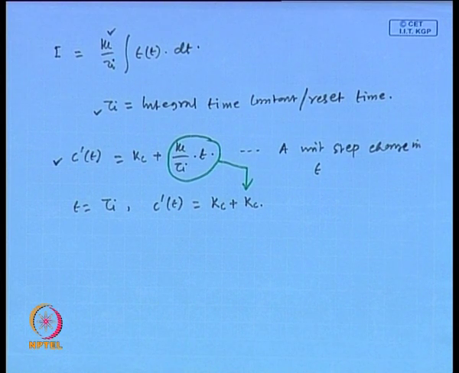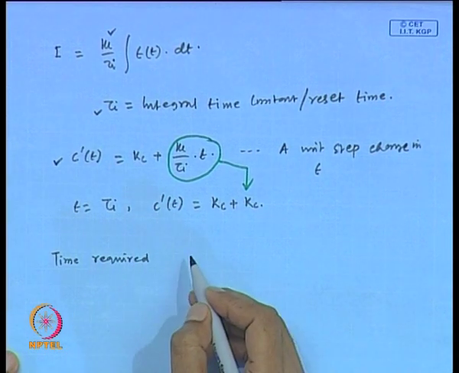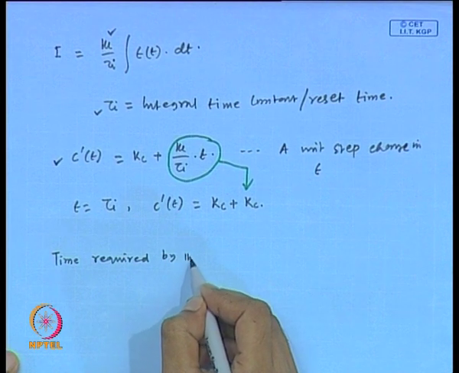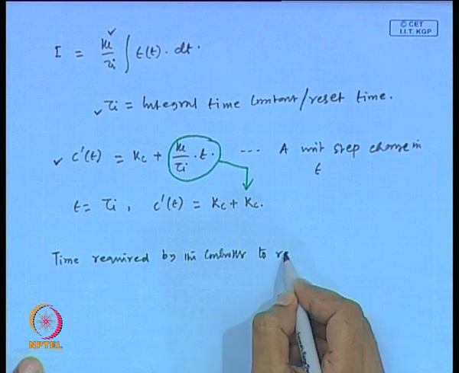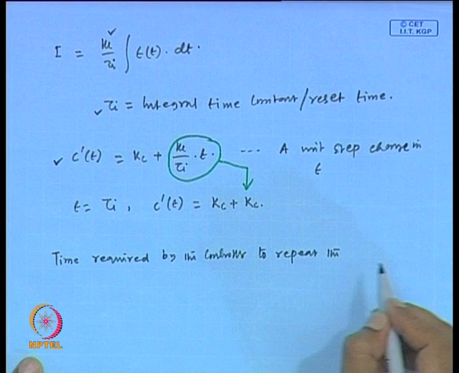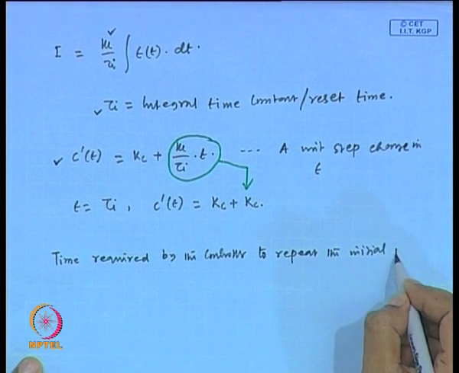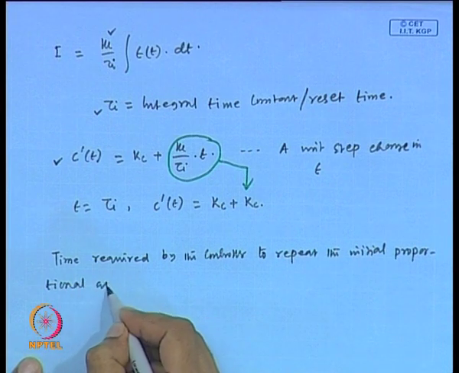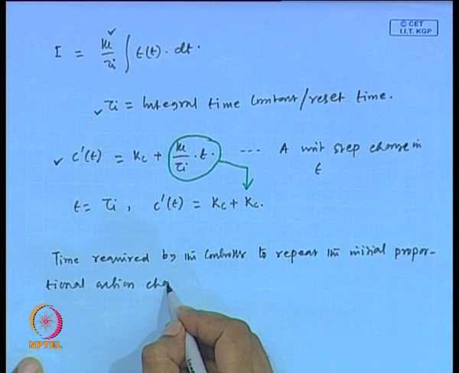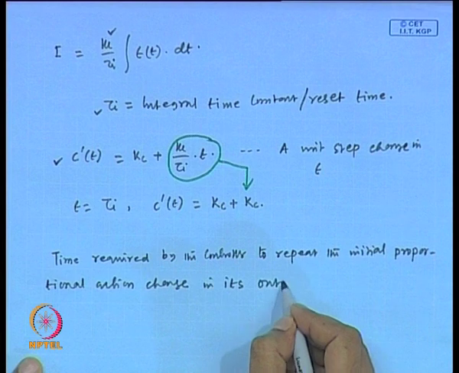Reset time is the time required by the controller to repeat the initial proportional action change in its output.